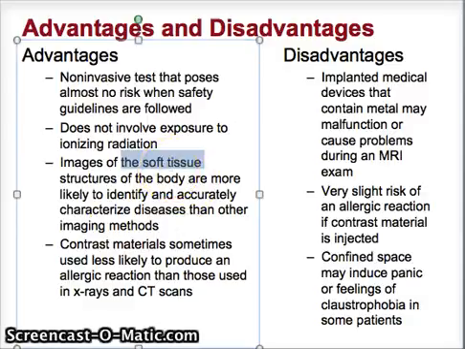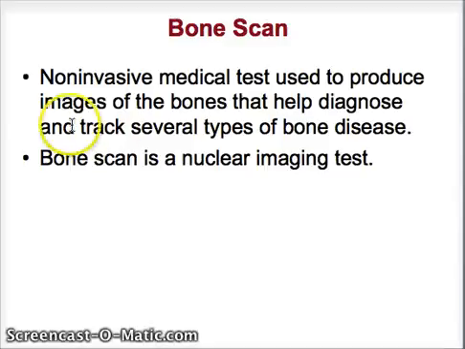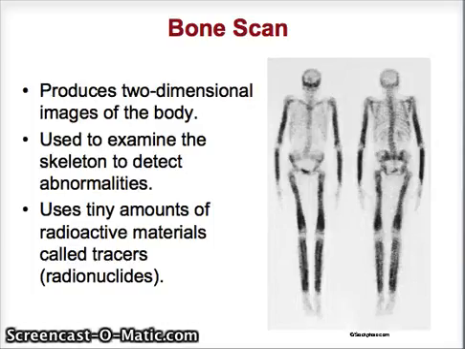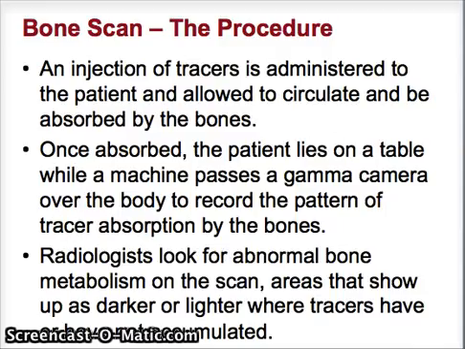Alright, now the last one is a bone scan. So we're going to use nuclear imaging, meaning you're going to put a radioactive dye into the bone and look at the bones. So here's a sample image. It's used to examine the skeleton, like the whole skeleton, so you can look for abnormalities in these. And again, you use these radionuclides, these tracers, and that's what's picking up the bone all over.